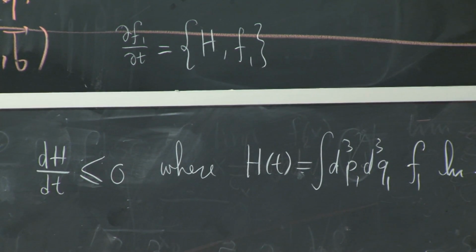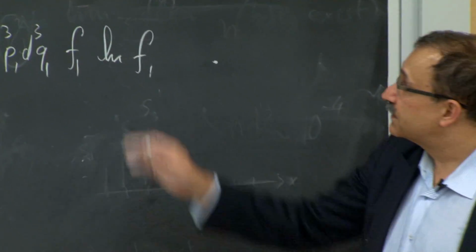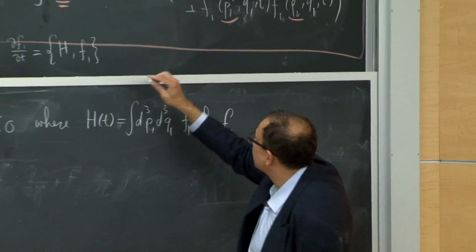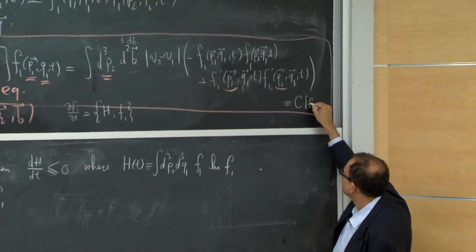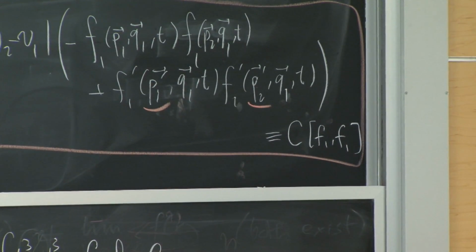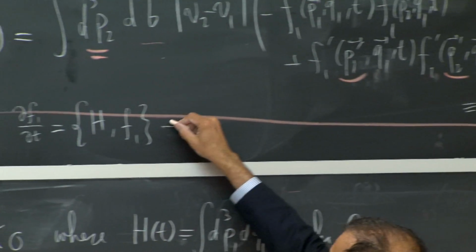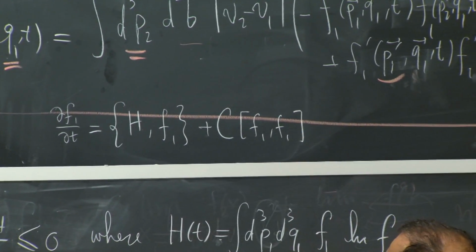And then there is this whole thing that involves the collision of two particles. So I define whatever is on the right-hand side to be some collision operator that acts on two powers of f1. So this is basically plus a collision operator of f1, f1.